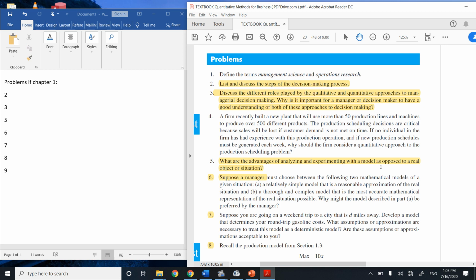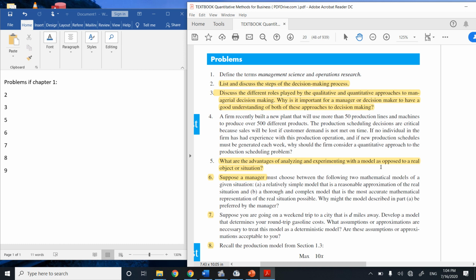B, a thorough and complex model that's the most accurate mathematical representation of the real situation possible. Why might the model described in part A, sorry, be preferred by the manager?